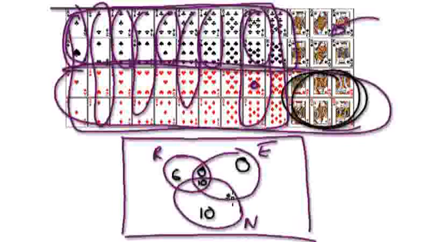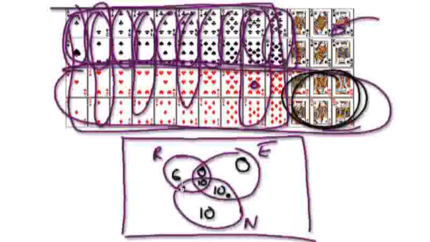Okay, and then if you look at this segment here, you want an even card and a number card, but not red. So even, it's 2, 4, 6, 8, 10. So this segment here will be 10.